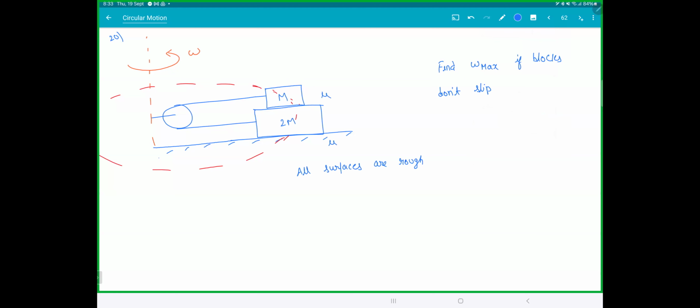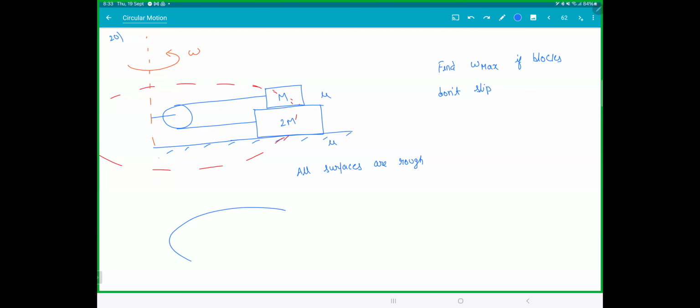So block is on top of another. So this thing is actually on a plate or something. I'm not showing the full diagram. It will be something like this. But the diagram is clear, na? What is happening?